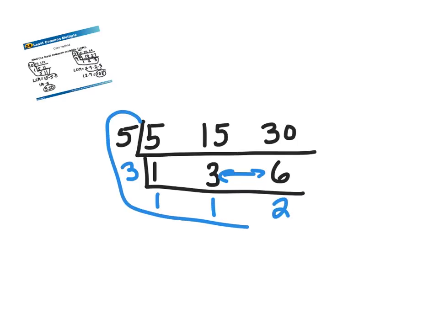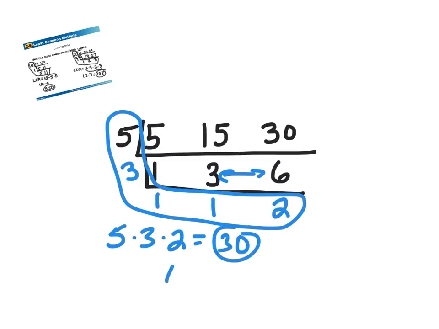And now we multiply these numbers. So in this case, 5 times 3 times 2 times 1, which is 5 times 6, or 30. So their least common multiple would be 30. So just keep that in mind as we're going. And if you have questions about it, make sure you ask.